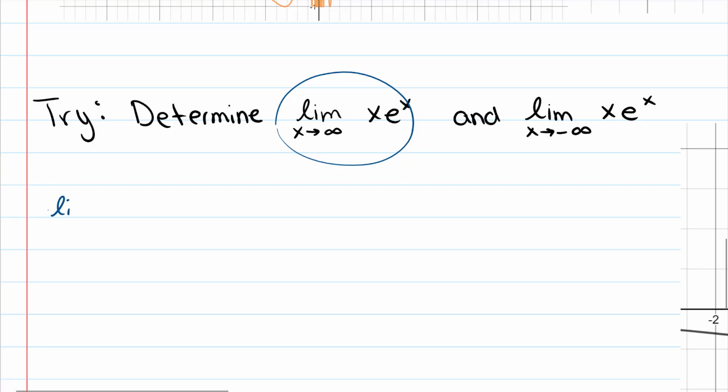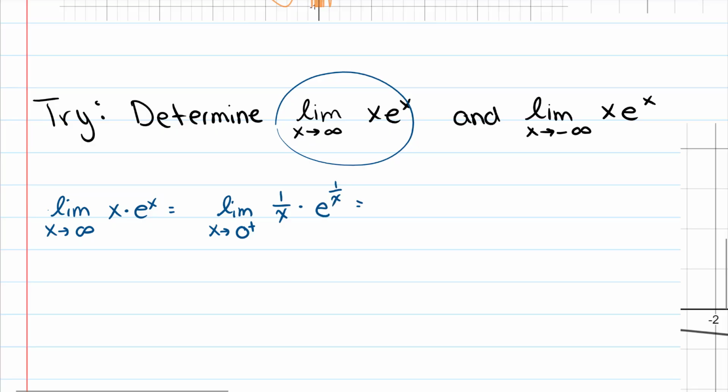The limit as x approaches infinity of x times e to the x is equal to the limit as x approaches 0 from the right, and every time we see an x, we do reciprocals. So 1 over x times e to the 1 over x.